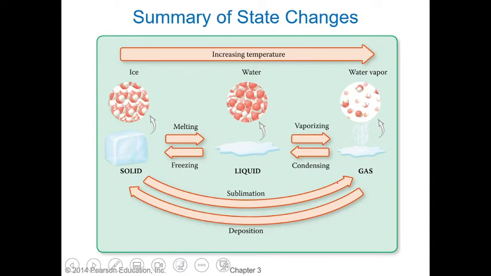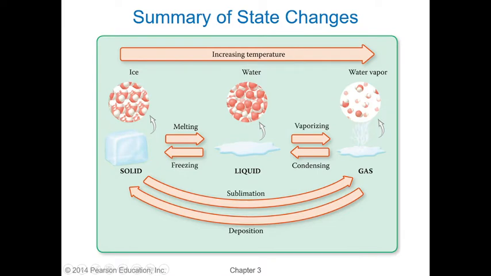To summarize, you need to increase the temperature if you want to convert your solid to liquid and eventually to gas. If you want to go the other way around, from gas to liquid to solid, you need to decrease the temperature. Again, from solid to liquid, that's melting. Liquid to solid, that's freezing. Then from liquid to gas, it's vaporization.